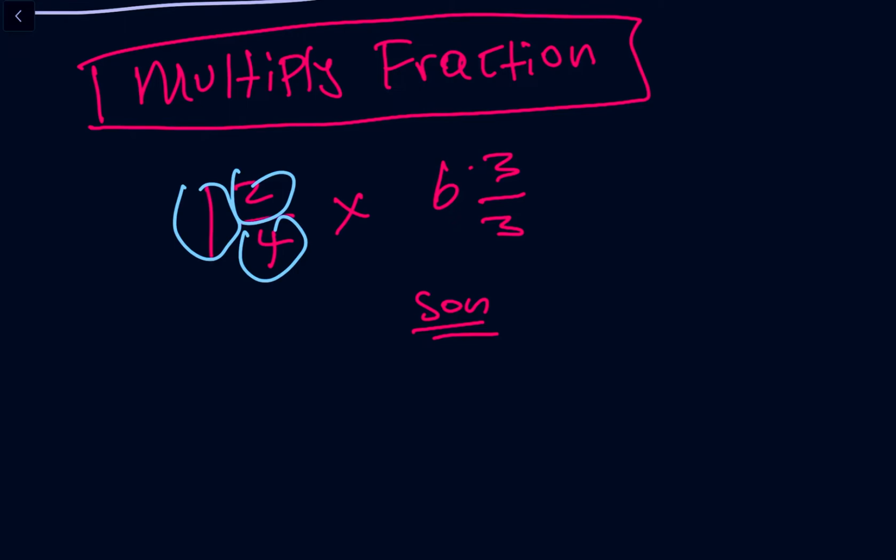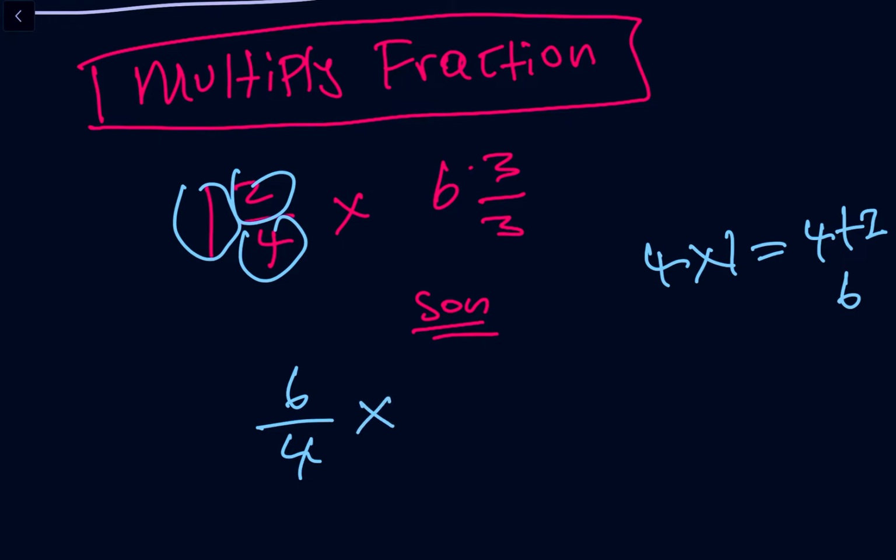So we multiply 4 times 1, which is 4, plus 2, 6. So we end up getting 6 over 4. The sign comes down, multiply 6 times 3, which is 18, plus 3, which is 21. So we're going to get 21 over 3.